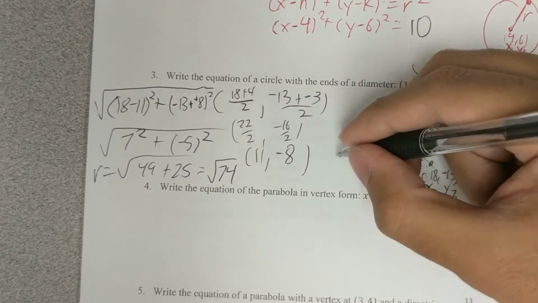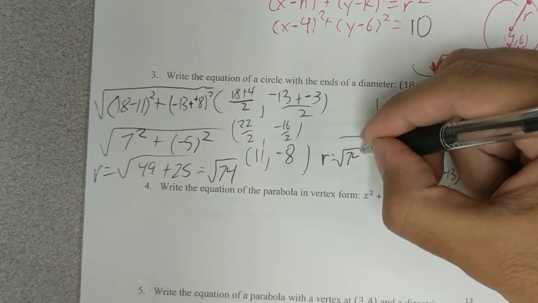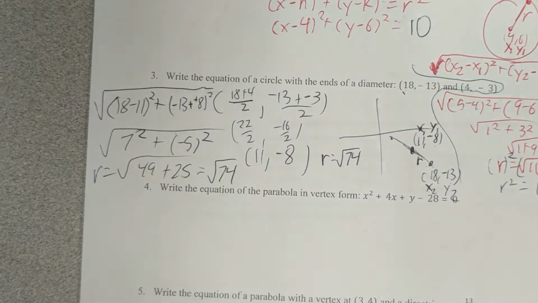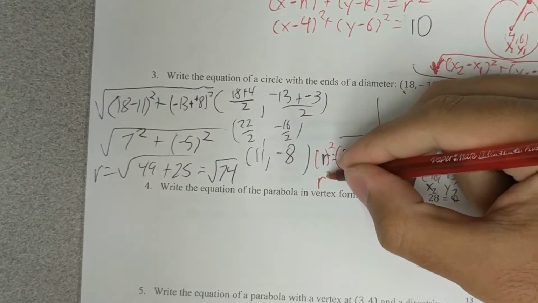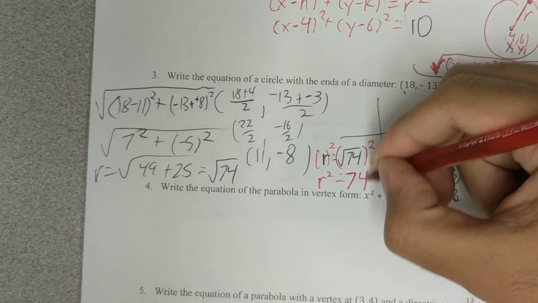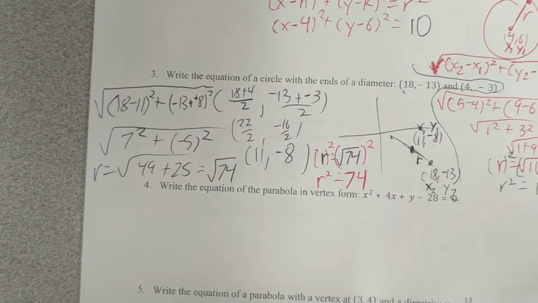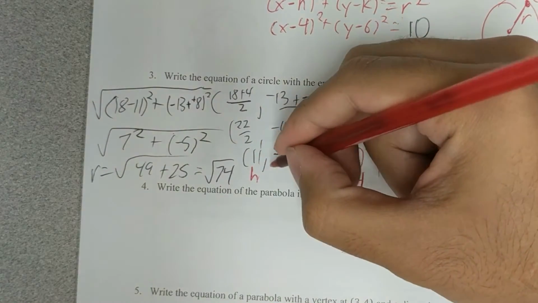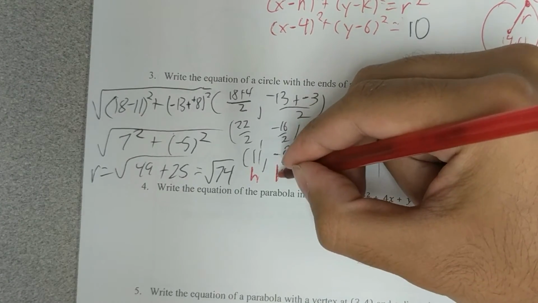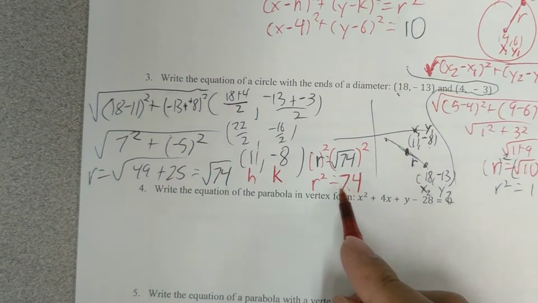Well, if r equals radical 74, I know that I really need r squared. R squared equals 74. So now I have all the information I need to write the equation of the circle. I have the center, which tells me h and k, and I just calculated r squared.